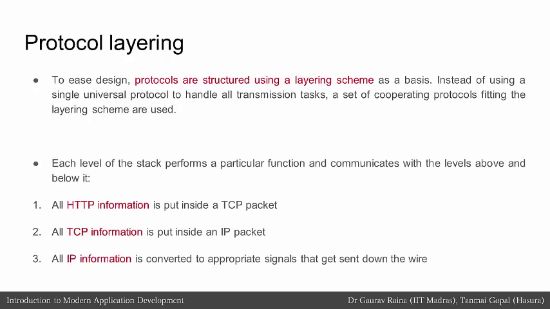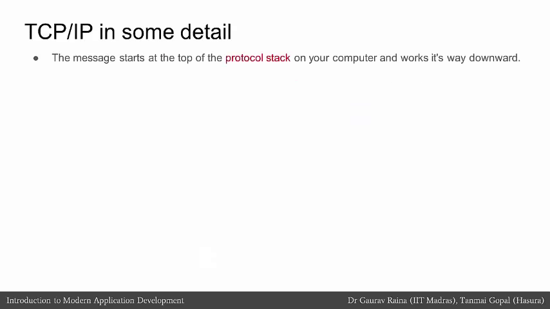Each level of the stack performs a particular function and communicates with the levels above and below it. All HTTP information is put inside a TCP packet. All TCP information is put inside an IP packet. And all IP information is converted to appropriate signals that get sent down the wire.